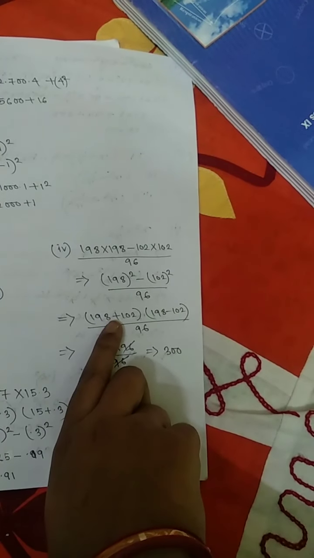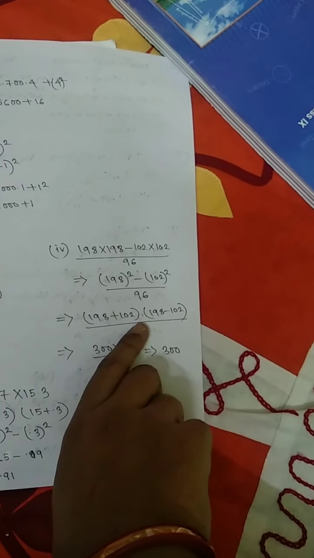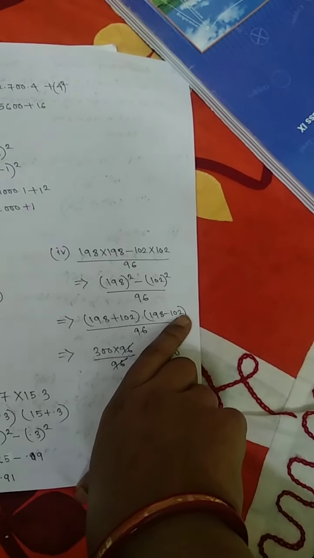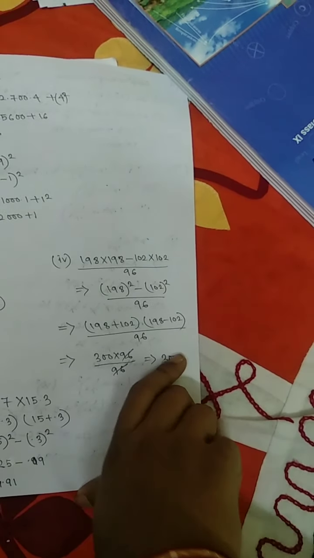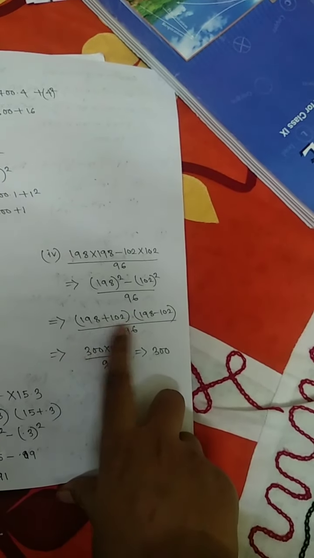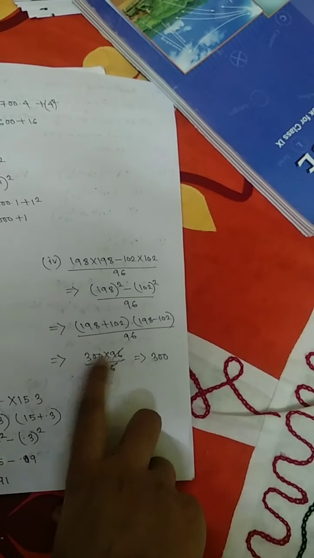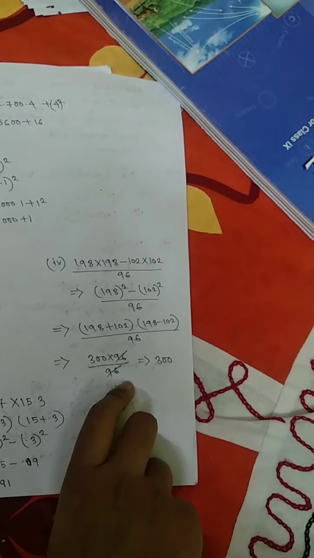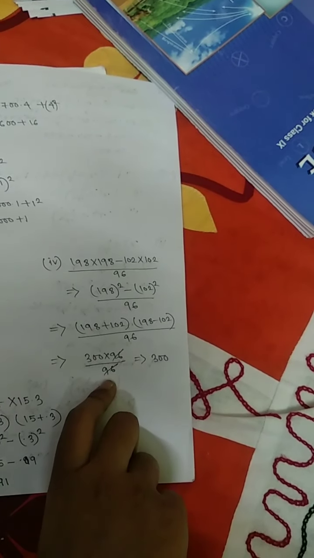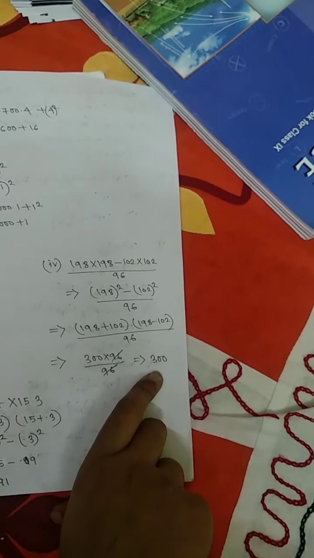So 198 plus 102 and 198 minus 102, divided by 96. By doing the addition and subtraction, you will get 300 into 96 by 96. So now 96 and 96 will be cancelled out. So the answer will be 300.